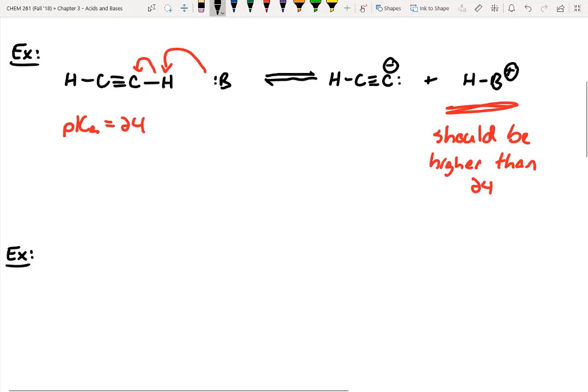Okay, in this first example, we're going to use hydroxide. That's the base you used a lot in Gen Chem. Okay, in this one, same reaction. So now we have our acetylide anion.